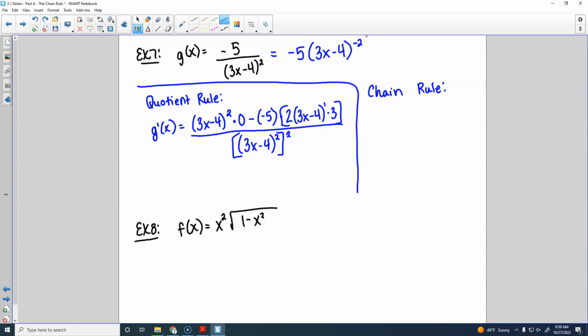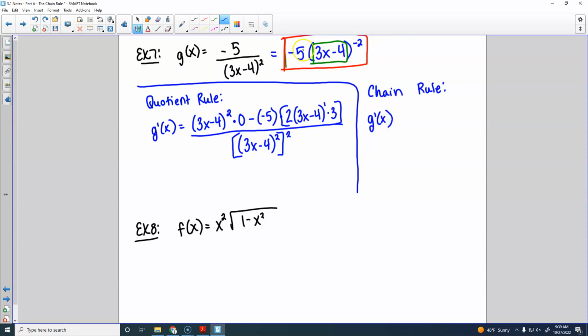We can do that, right? It's equivalent. And so now we've got this outside function right here, the negative 5 times something to the negative 2 power. And then we just got the inside function of 3x minus 4. So you would just use the chain rule for this.